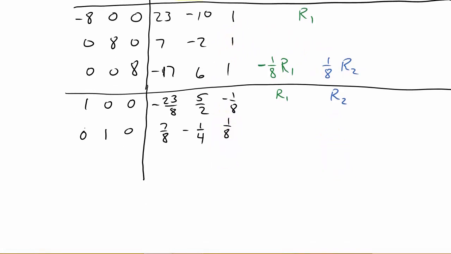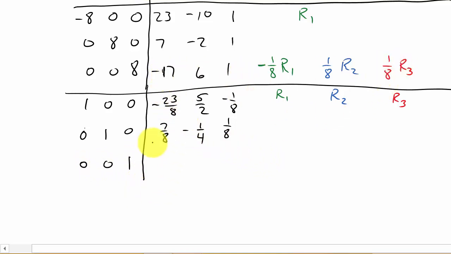And then we can do the same thing with row 3. I can multiply 1/8 times row 3 and replace row 3. That'll give me a 1 there, so that's going to be 0, 0, and a 1. And then all of these get multiplied by 1/8.